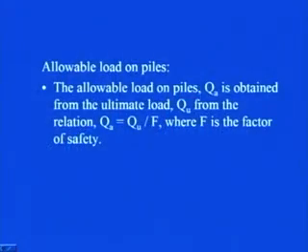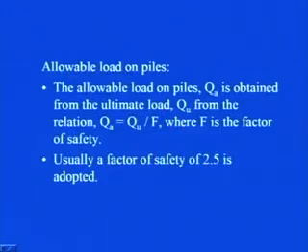Now, what are the allowable loads on piles? The allowable load on piles, that is QA, is obtained from the ultimate load QU from the relation QA is equal to QU by F, where F is the factor of safety. So, you see we can find out the ultimate point bearing resistance and the ultimate skin friction resistance.